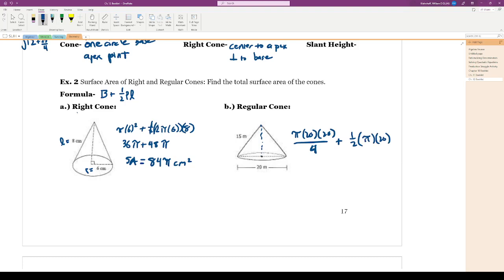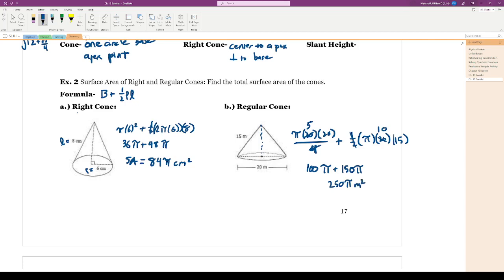Pi d times slant height, which is 15. All right, so here I'm going to make that a 5. So we have 100 pi is the circular part, plus the outer part of the cone, this simplifies to 10, so we get 150 pi. So we in total have 250 pi, and that's going to be in square meters.